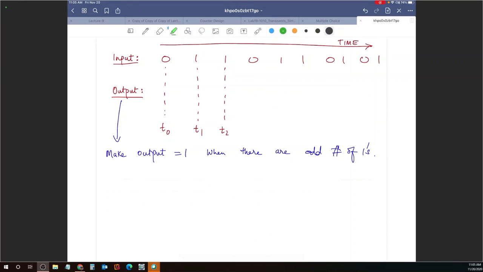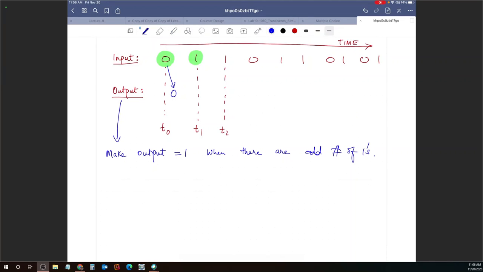Now let's see what happens when the machine sees the 0. What should be the output when it sees 0? Soon after it sees 0, the output is going to be 0. Perfect. How about when it sees 1? 1.